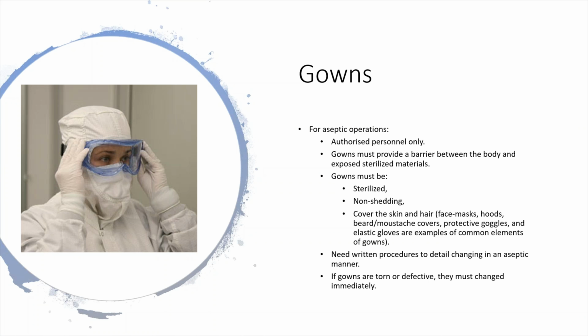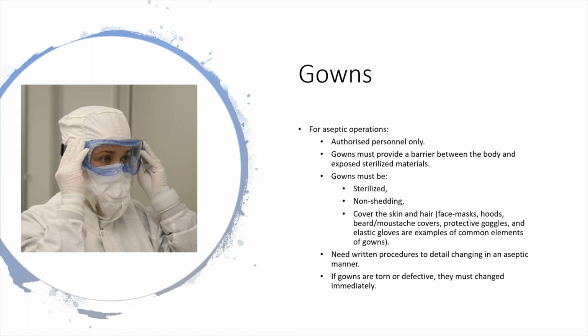The gowns must be sterile. The gowns must be non-shedding. The gowns must cover all skin and hair, with the addition of face mask, hoods, beard and moustache covers if necessary, protective goggles and elastic gloves.